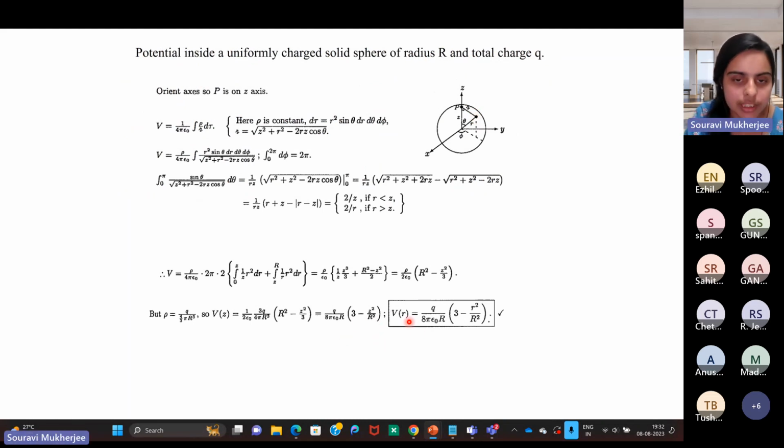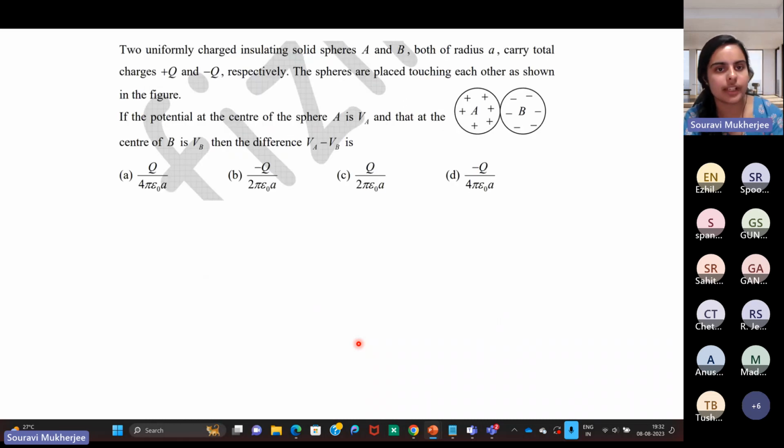Just as a hint, you have to use the relation for the potential at the center of a solid sphere of radius r with some total charge q. That is, you have to put z equal to 0, and then you get the potential as 3q by 4 pi epsilon naught r. That is the relation that you have to use here, because you are finding the potential at the center of these spheres. So what is VA?